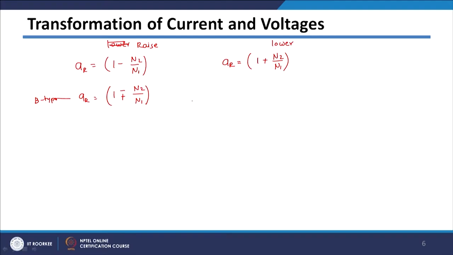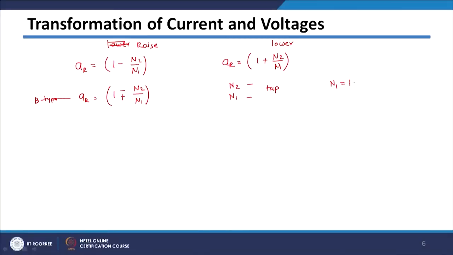Now, as I explained in the last class, this relation between N2 and N1 is decided by your tap position and the total number of turns in the regulating winding. We have seen we need around 10% turns in the regulating winding. For example, the turns N1 will be say 1600.